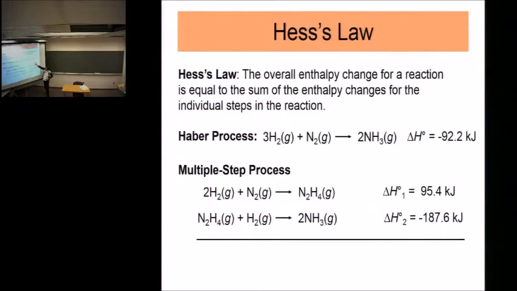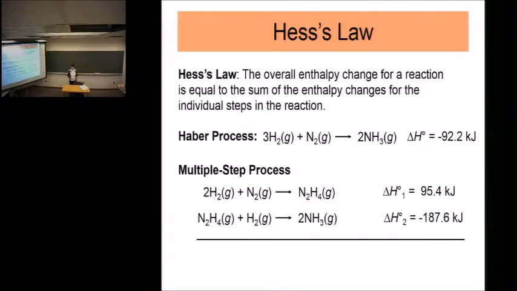Do you guys know how to add equations together? Have we done that? To add equations together, I'm going to take all the reactants on one side and write them all together here. Then I'm going to draw an arrow and write all the products on this side. And then we cancel out those things that are the same on both sides.